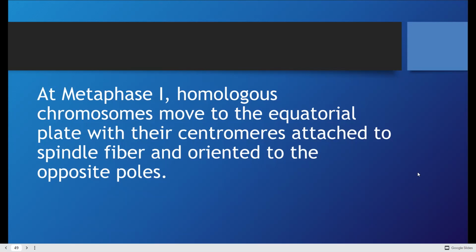Again, at metaphase 1, homologous chromosomes move to the equatorial plate. Remember that what we can categorize as metaphase is the moving onto the equatorial plate, or the equator, right?